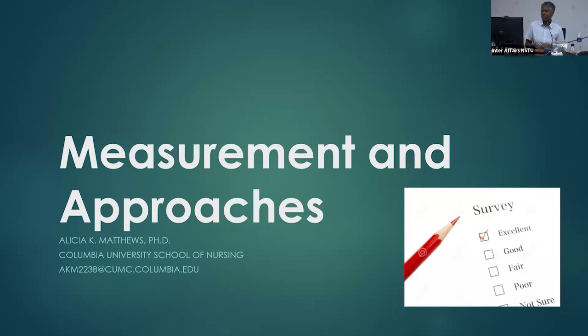So today's lecture is about measurement principles and measurement approaches in research. It's a continuation of our discussions about strategies for improving the methodological rigor of nursing research.